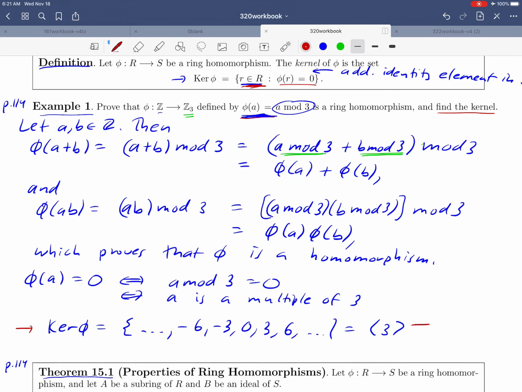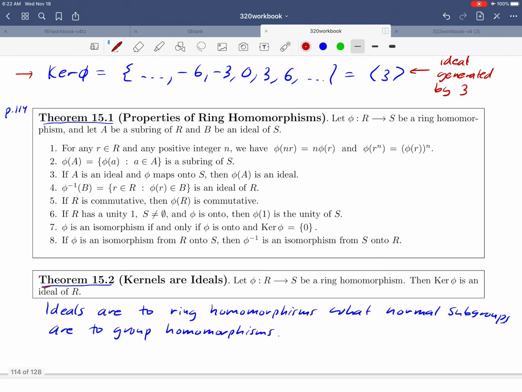The kernel was the ideal generated by 3. Theorem 15.2 tells us that something like that is always going to happen. Every time you look at a ring homomorphism and calculate its kernel, that kernel is going to have to be an ideal.